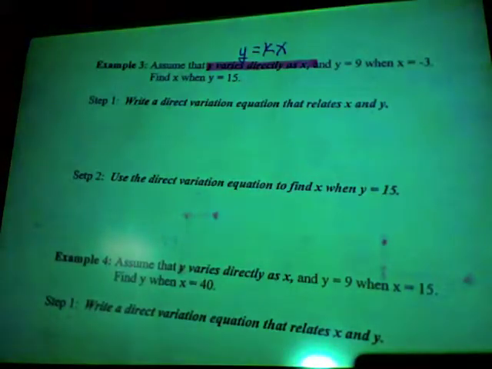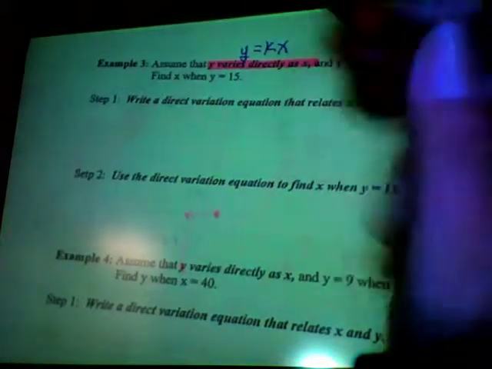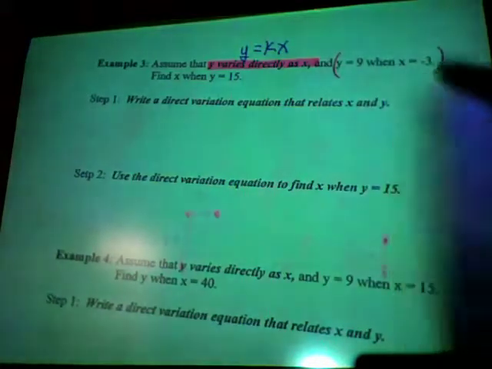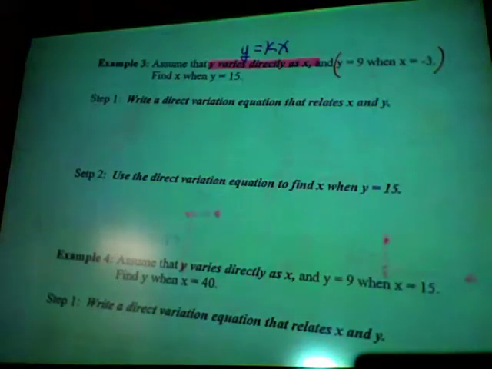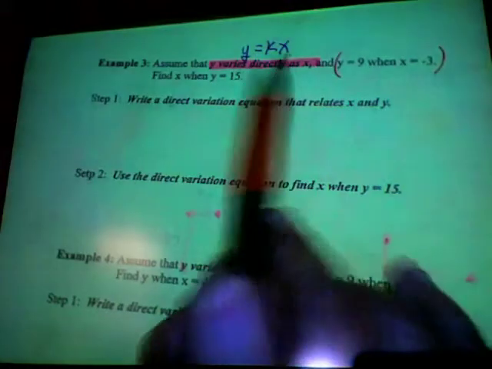The minute I see that, I'm going to translate that to y equals kx. Your job is to find k. So look at what you're given. Essentially you're given a full ordered pair. You're to use when y is 9, x is -3. Isn't that an ordered pair? Don't I have an x and a y in here?